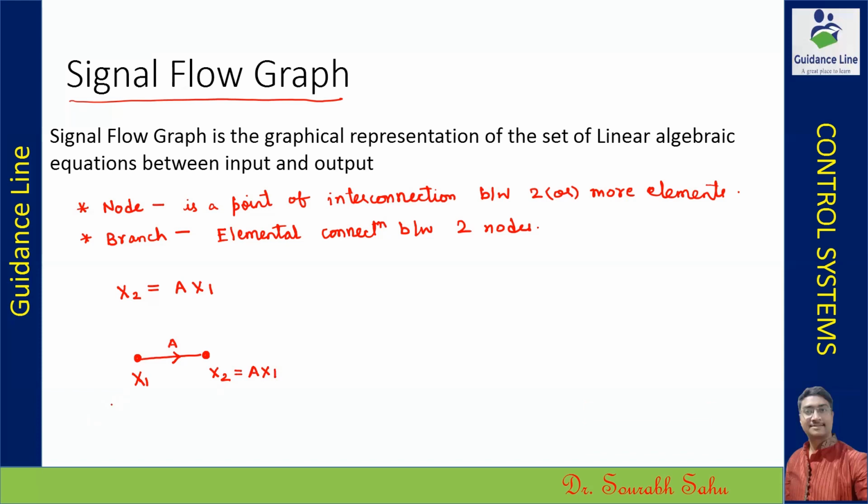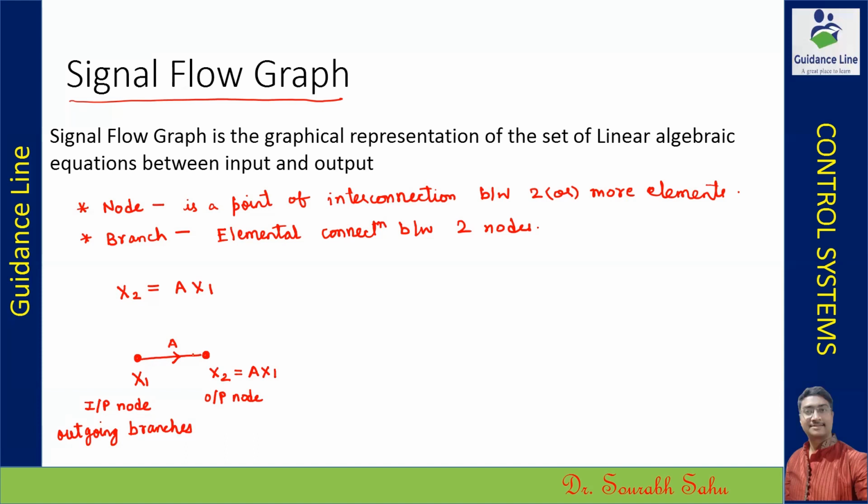Okay, so it is quite observable here: x1 we call an input node. Similarly, x2 we call an output node. If I consider the definition, an input node has outgoing branches. The branch is what connects the two nodes.